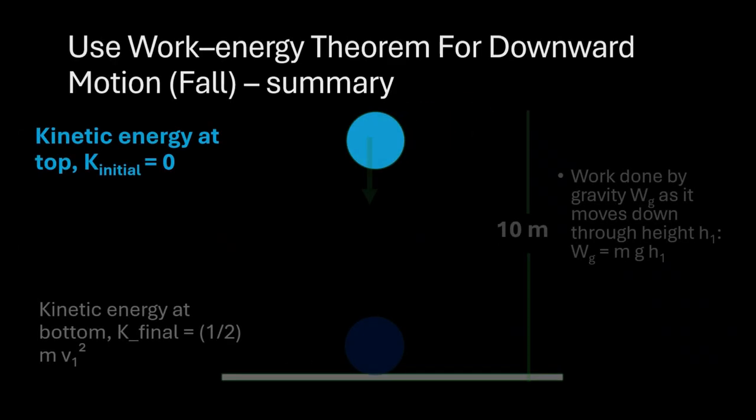Now, I would like to take you through this one more time in detail, but not in this session, of course. So kinetic energy at the top, initially, is equal to 0. At the bottom, it is half m v1 square. And work done by gravity is m g h1. How is work done by gravity m g h1?